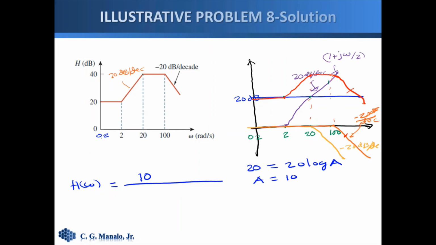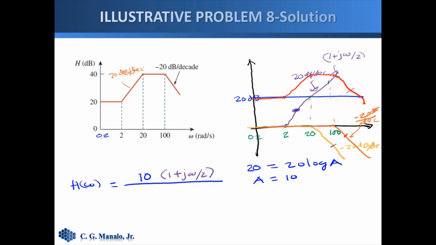So we can therefore write the factors as follows. For this one, that would be 1 plus j omega over 2.